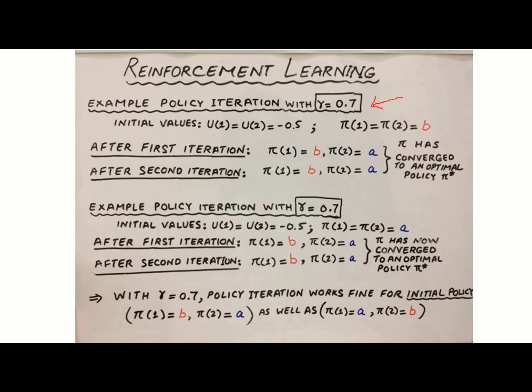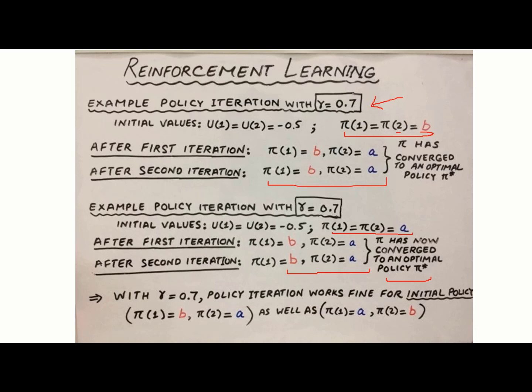If you choose a value of gamma considerably smaller than 1, such as gamma equals 0.7 in this case, and rerun the policy iteration algorithm for the two different initial conditions, one in which the policy was to take action B in both state 1 and state 2, and the other in which we take action A for both states, we find something interesting: in both cases the algorithm has now converged to an optimal policy, which is to take action B in state 1 and action A in state 2.